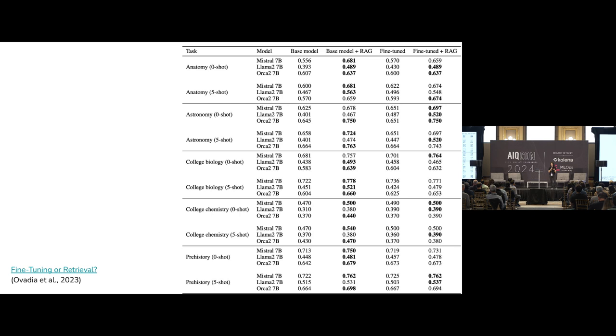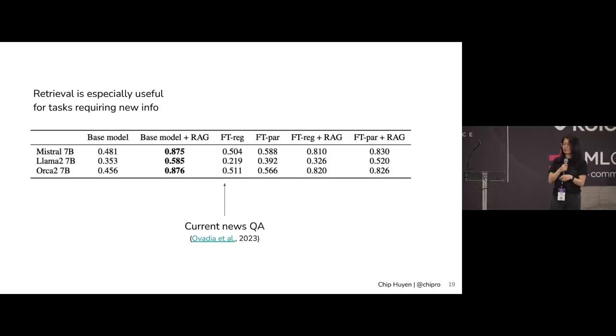It usually performs much better than fine-tuning, and sometimes it can even perform better than RAG plus fine-tuning. Retrieval is especially useful for use cases that involve new information. For example, here's a benchmark focused on current news, and you can see RAG outperforms fine-tuning and even fine-tuning plus RAG.